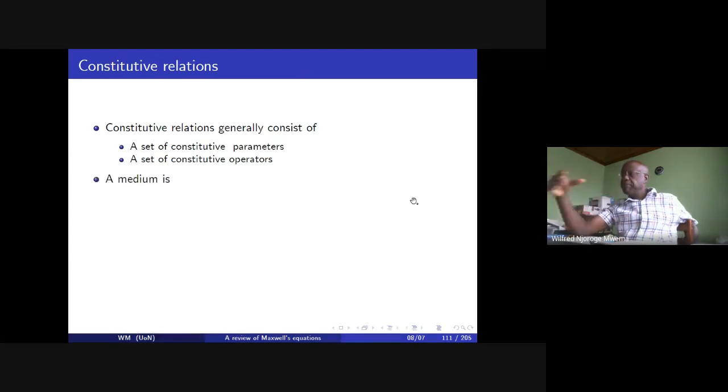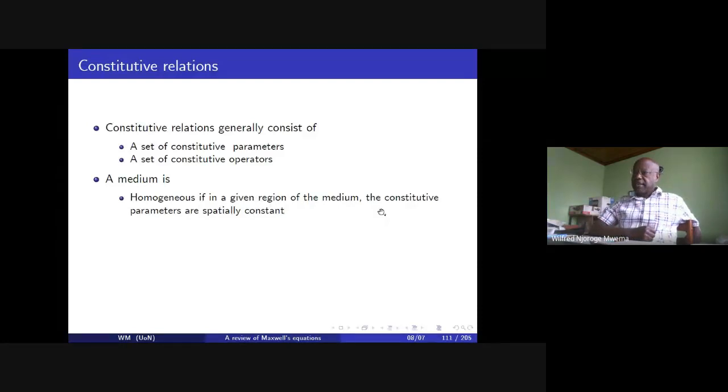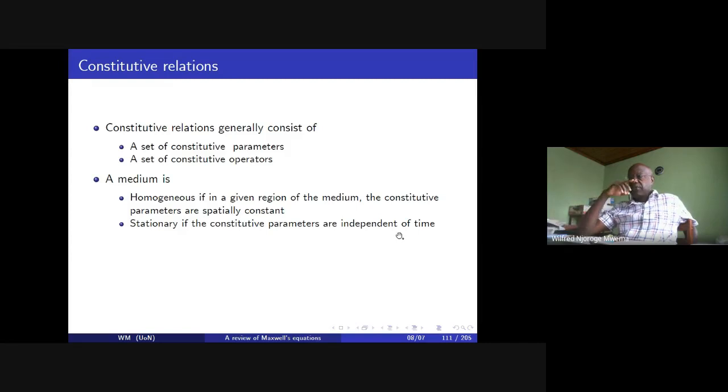So a medium then will be defined as homogeneous if in a given region of the medium, the constitutive parameters are spatially constant. That is, they don't depend on the position within the medium in that region. They are constant with respect to the spatial derivatives or integration.